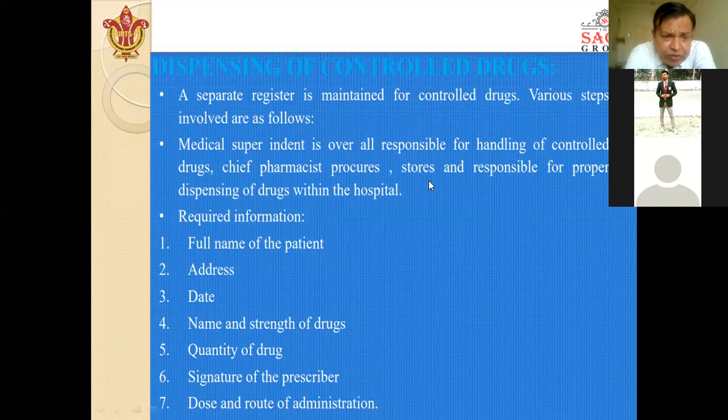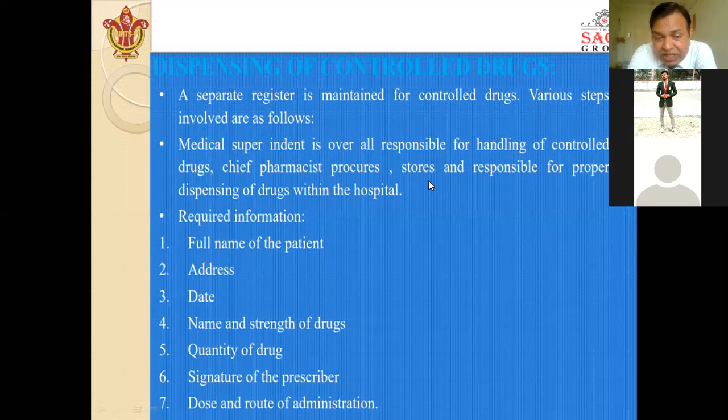Now, the required information is given below. You can see the full name of the patient, address of the patient, and date of dispensing must be written at the top of the label. After that, at the top of the record, and after that, name and strength of drug, quantity of drug, and signature of the prescriber.